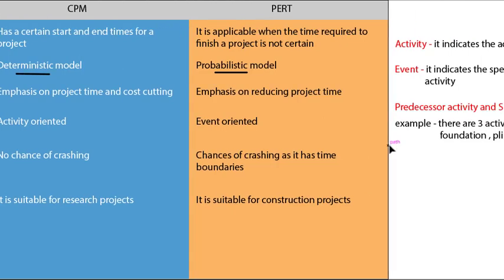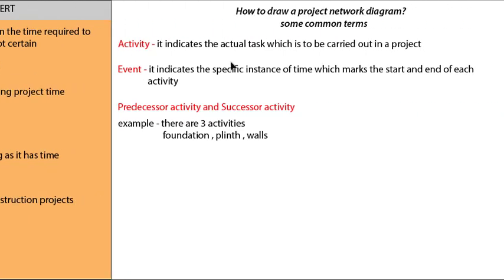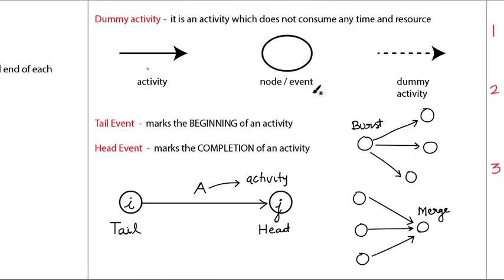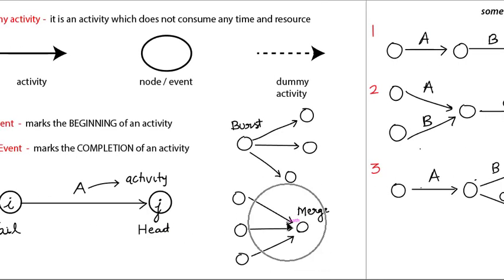Then we saw activity, that is the actual task, event, that is just a start or end, and predecessor and successor. Then we saw activity, node, dummy activity. We saw tail is the beginning, head is the completion, and here duration is marked.